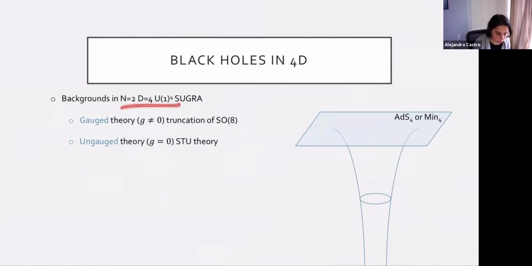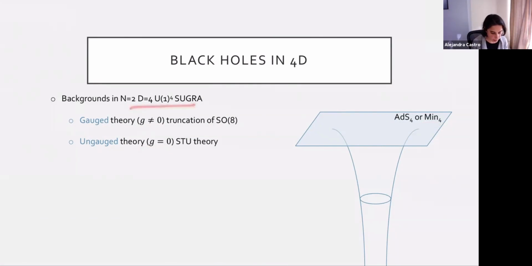These are going to be solutions of N=2 supergravity, the U(1)^4 supergravity. We're going to be discussing both the gauged theory and the ungauged theory. In the gauged theory, the space-time is asymptotically AdS4, and in the ungauged theory, the space-time is going to be asymptotically Minkowski 4.